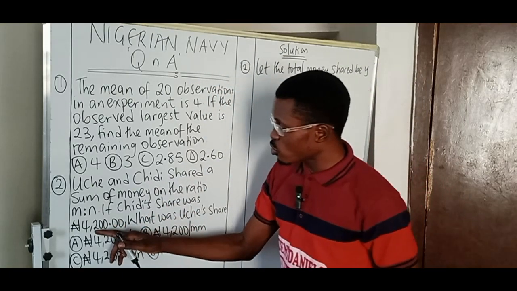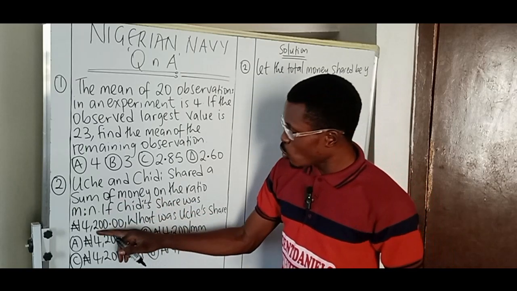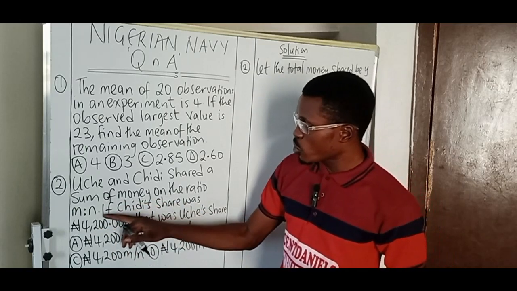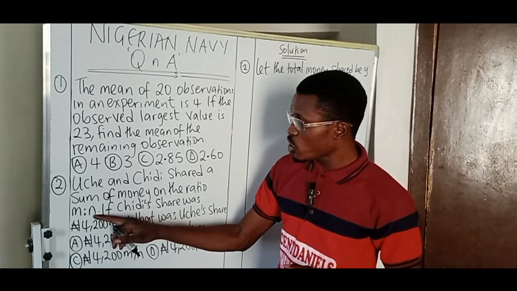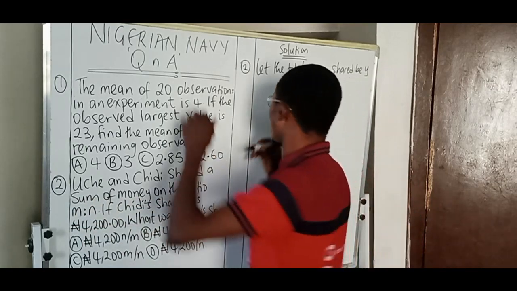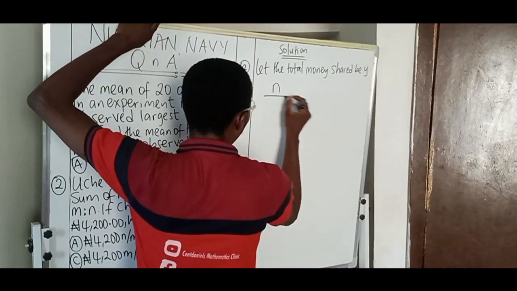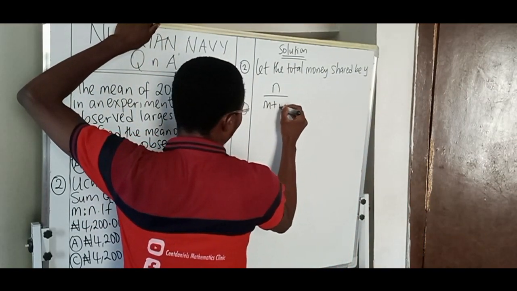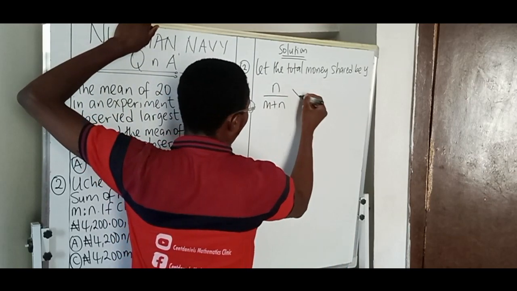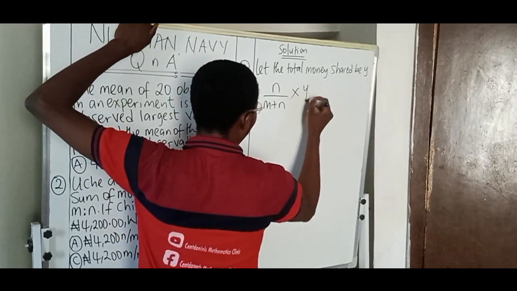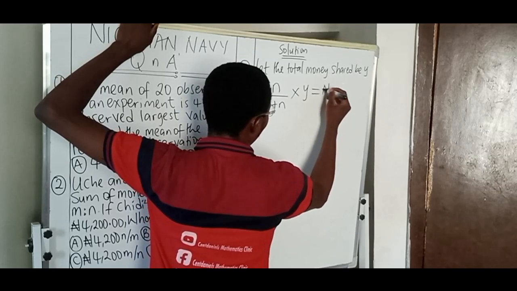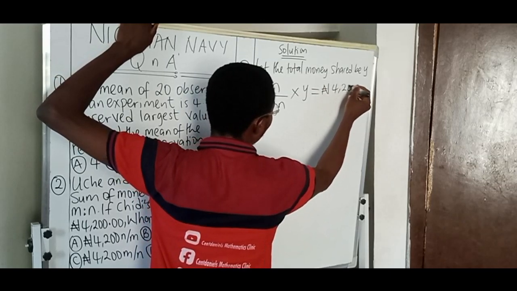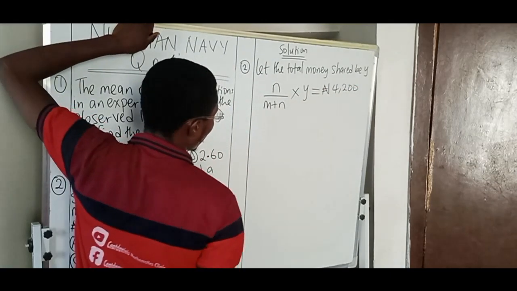To get this 4,200, it is the ratio of Chidi. Chidi's ratio is N. The ratio of Chidi over the total ratio. That means N over the total ratio, which is M plus N. If you multiply this by the amount shared, which is Y, it will give us 4,200. Let us simplify this expression.